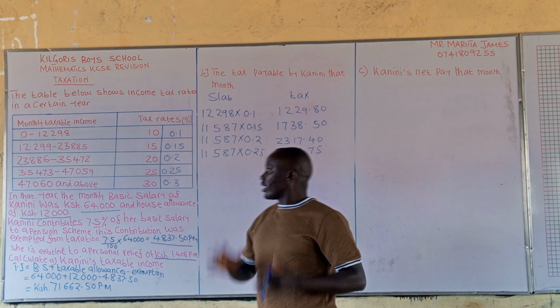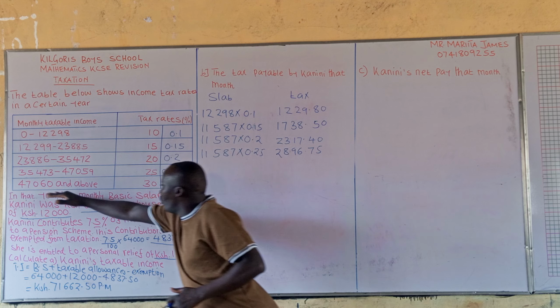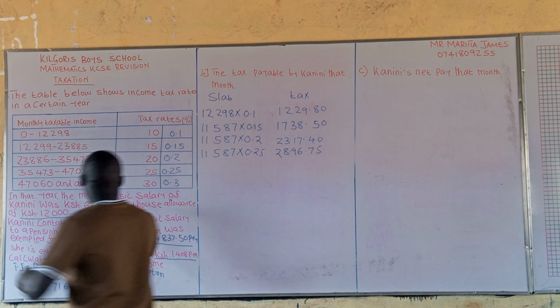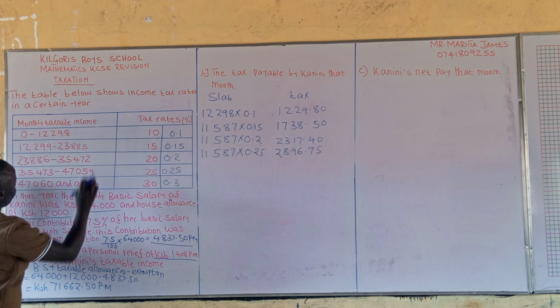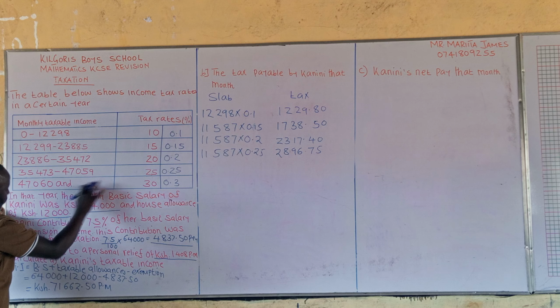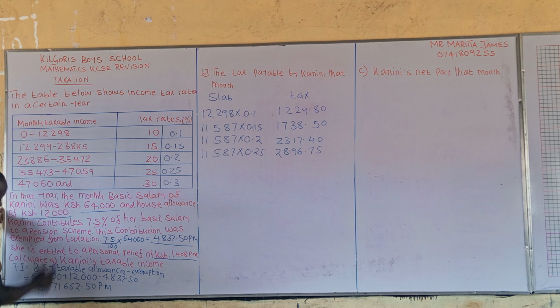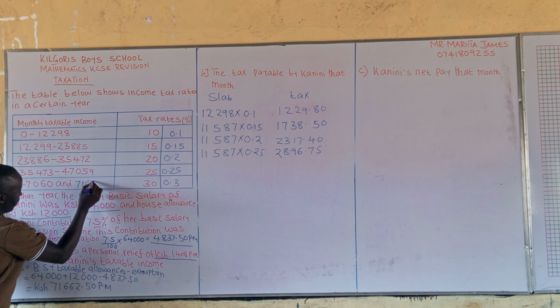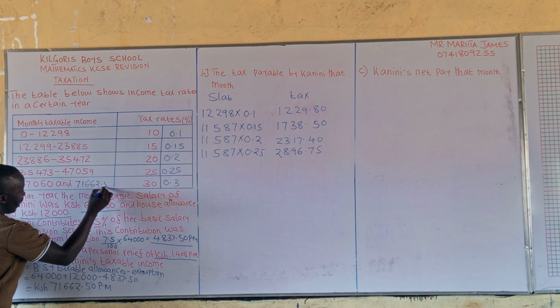So our value was above this value 47,060. So here we have our value as 71,662 and 50 cents.